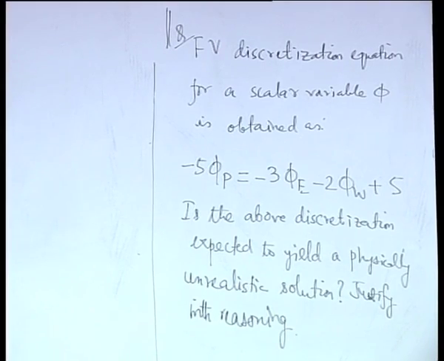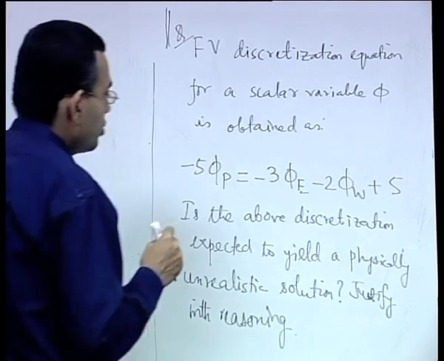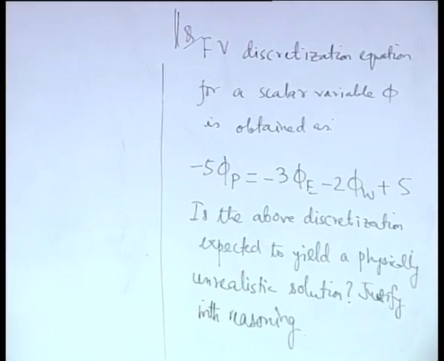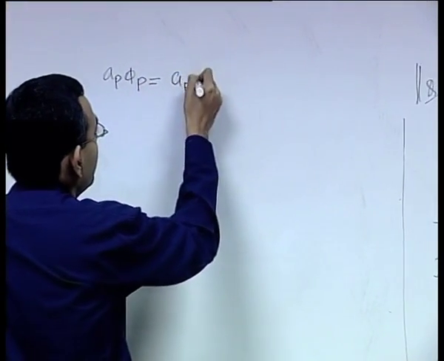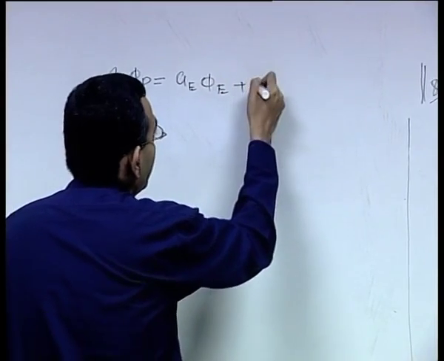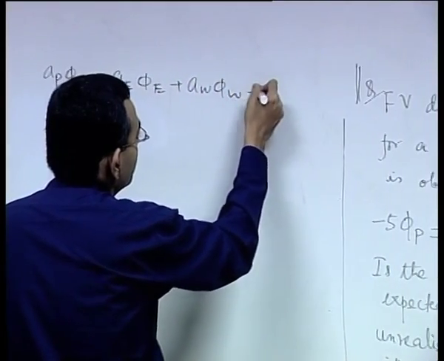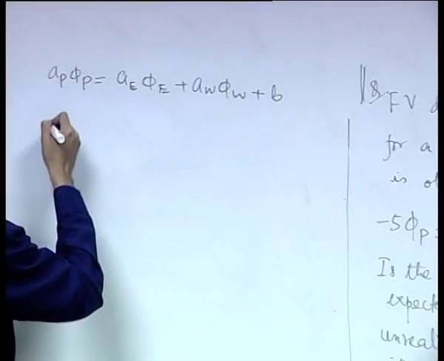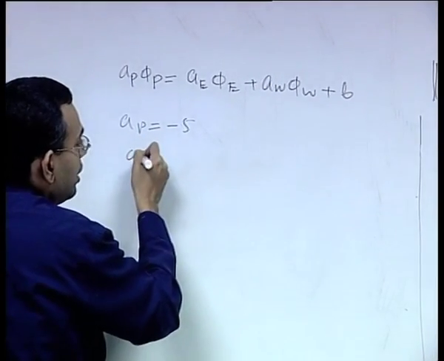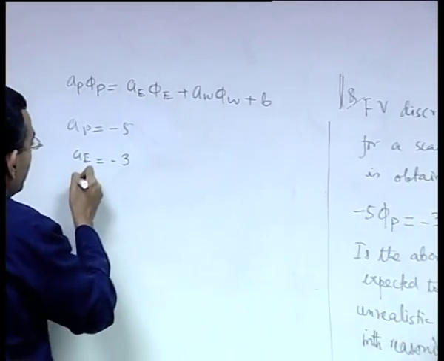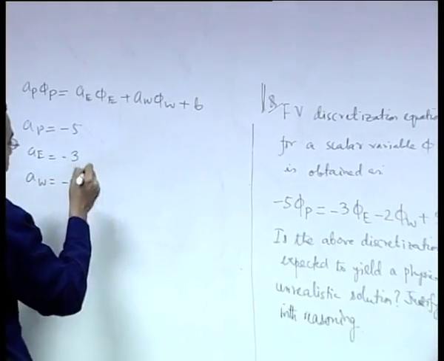So, you can write this equation in the form AP phi p is equal to AE phi e plus AW phi w plus b, where AP is minus 5, AE is minus 3, AW is minus 2.